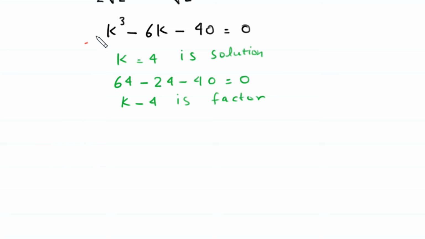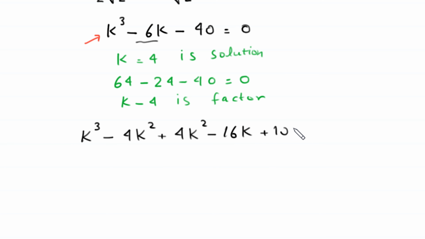So we rewrite this equation as k cubed, we subtract 4k squared and we add 4k squared. We write this negative 6k as negative 16 times k plus 10 times k minus 40 equal to 0.